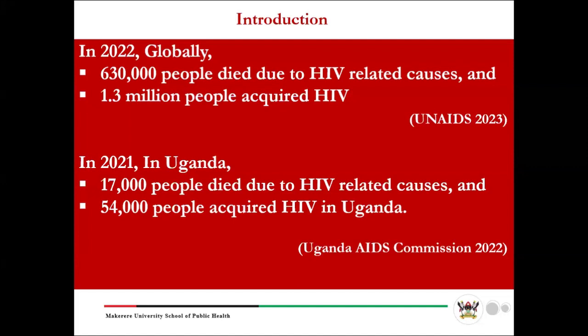If we take an example of Uganda in 2021, 17,000 people died because of HIV, and another 54,000 people acquired HIV in Uganda. This is not different from the other sub-Saharan African countries, which share similar contexts with Uganda.